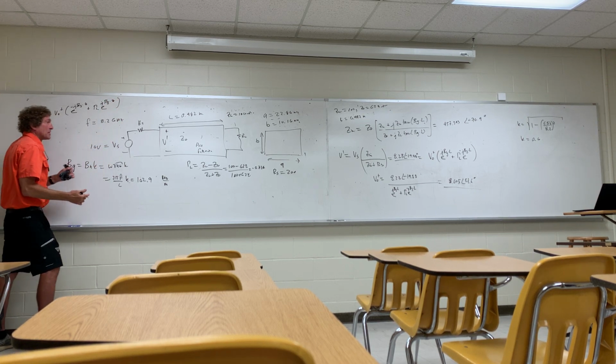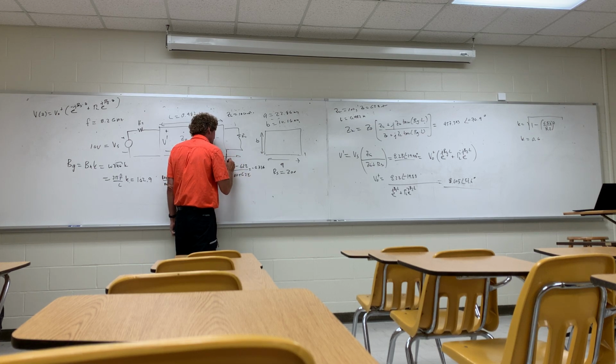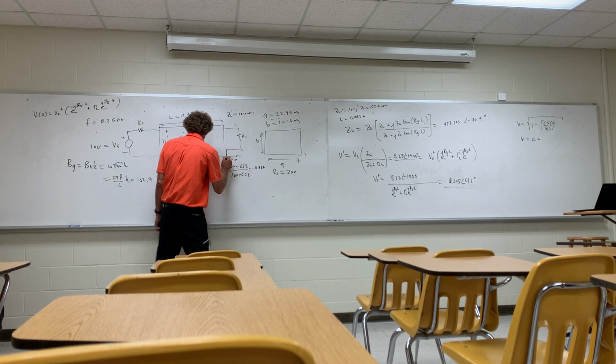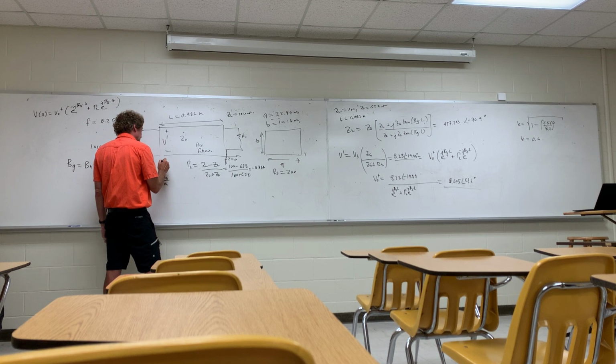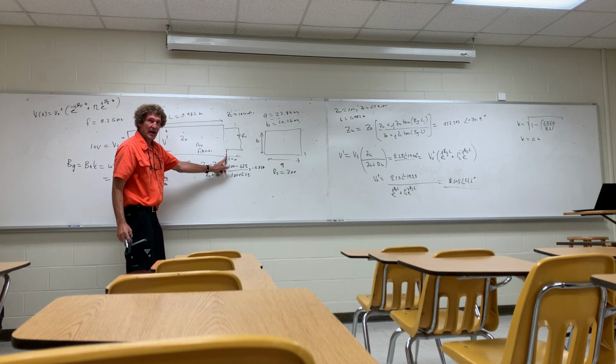Now, in the notation Whitworth uses, this is at z equals 0. All these values are negative z, and this particular point is z equals minus L. Now we want the value of the voltage at z equals 0 at the load.